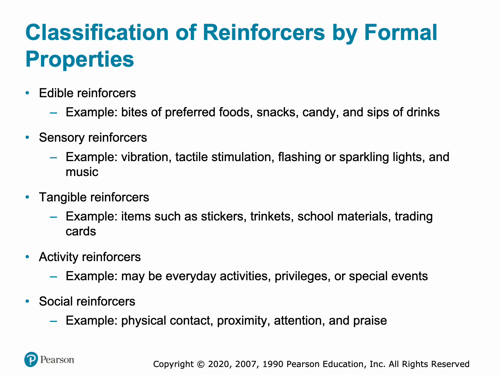So here are some forms of reinforcement. We have edible reinforcers. Edible reinforcers are things like food or consumables, like a drink. You could call it. It's not really something that you eat, but it's something that you do consume. So you can consider that an edible reinforcer. So it's like something to snack on, sips of a drink, right? Those would be considered edible reinforcers.